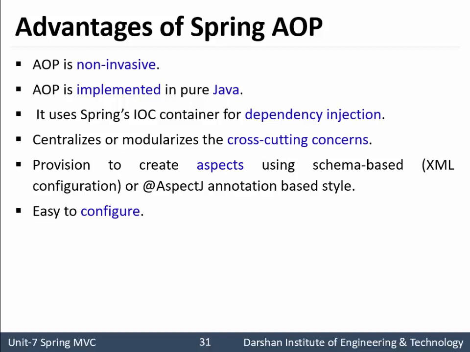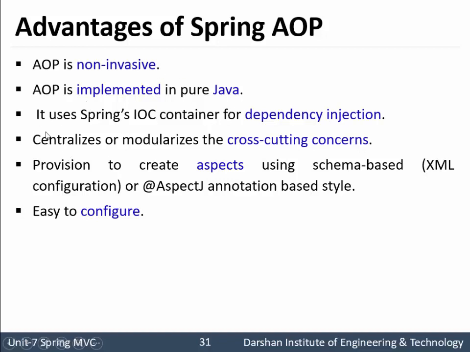It uses the Spring IOC container for dependency injection. We have already learned dependency injection. It means injecting an object into a particular class. So Spring AOP also uses the Spring IOC, inversion of control, container for dependency, where the object is created by the IOC container.